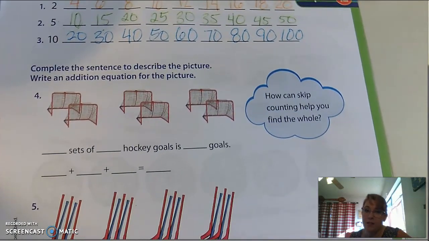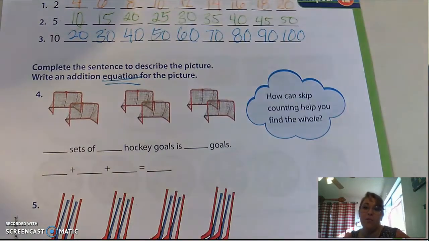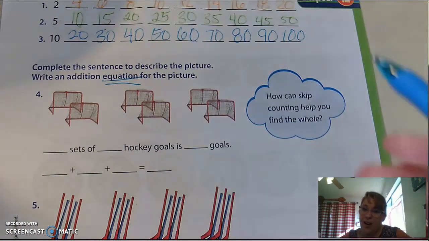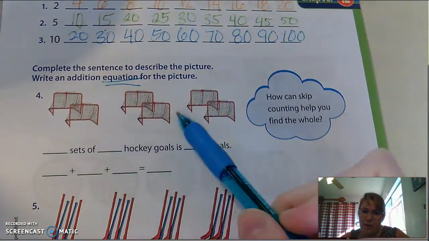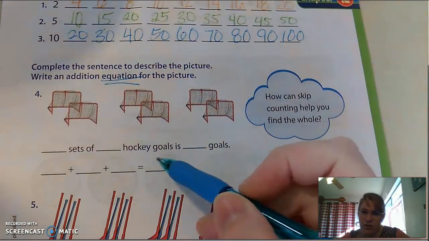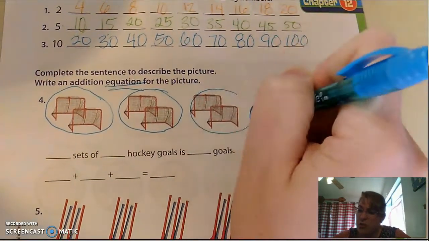Complete the sentence to describe the picture. Write an addition equation. Remember, an equation always has an equal sign for the picture. So I have how many sets of how many hockey goals. Each one of these is a set.